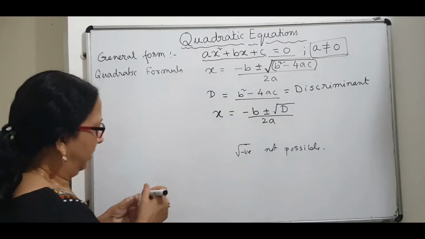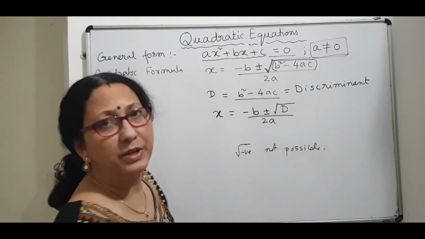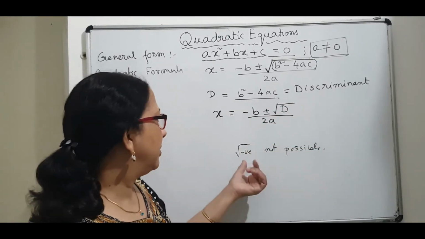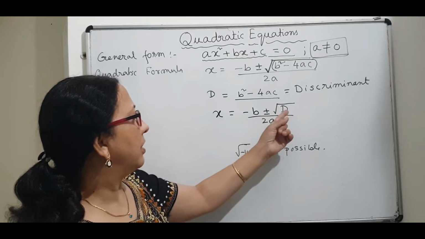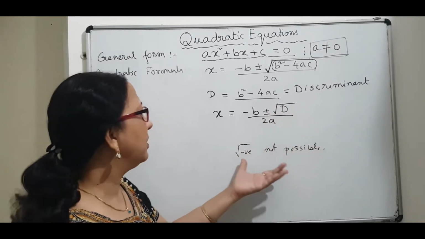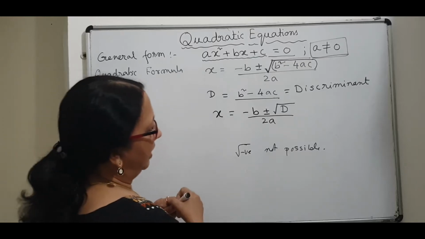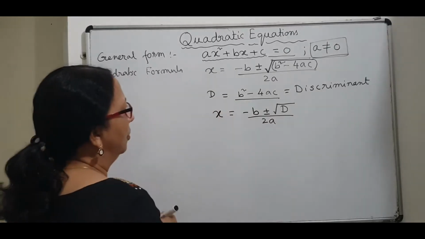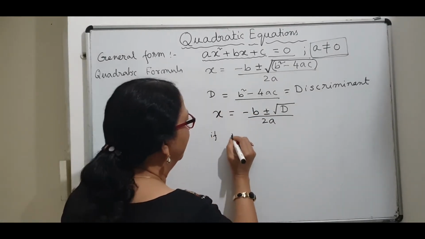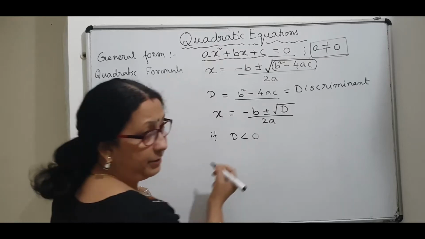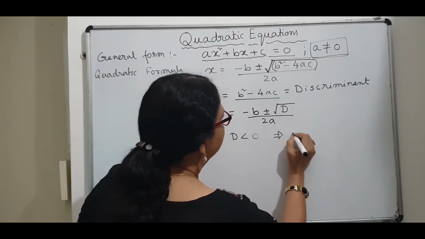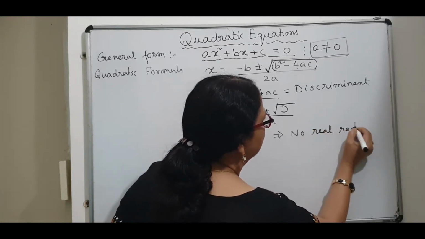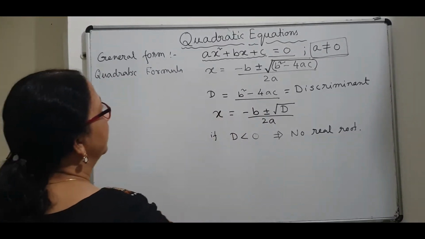Therefore, if the value of the discriminant comes out negative, we say that there will be no real root. So if D is less than 0, there is no real root of the quadratic equation.